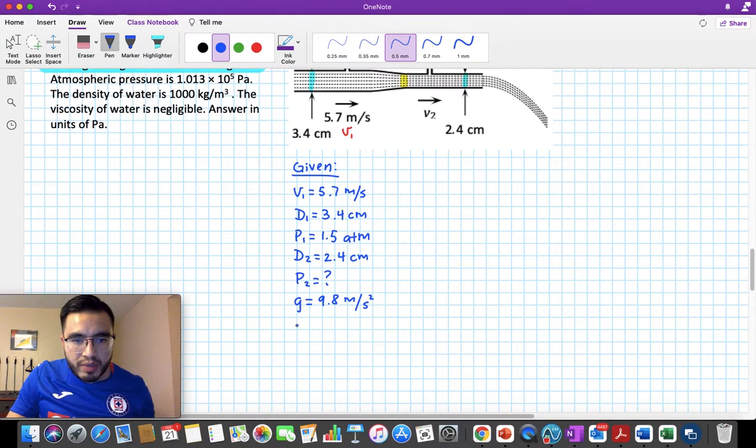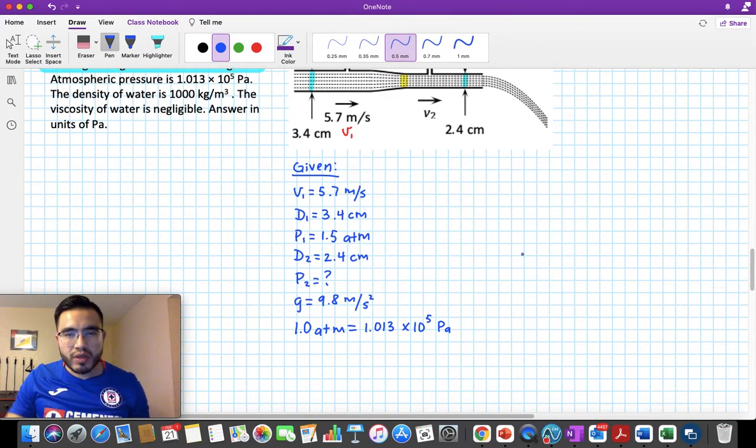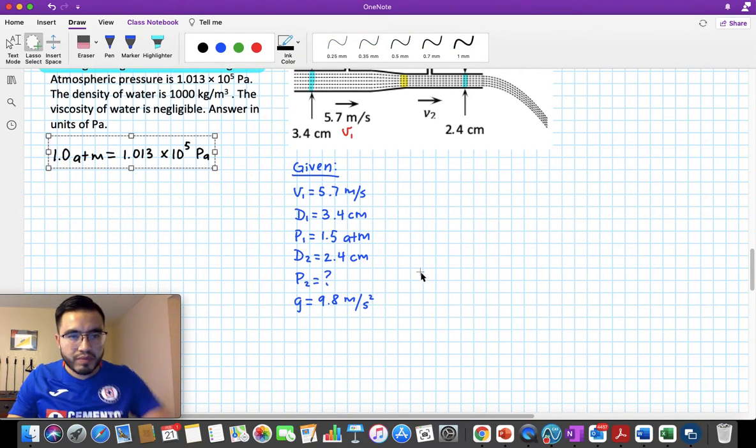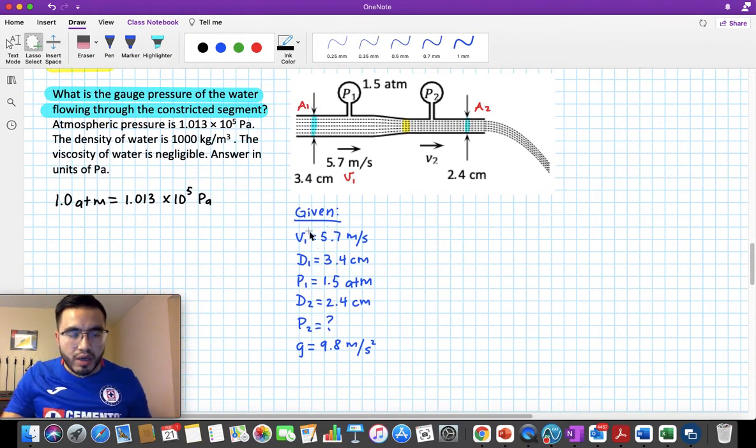So 1 atm, 1 atmosphere, is equal to 1.013 times 10 to the fifth pascals. That doesn't affect my math right now. I'm just going to move this to the left side and keep it there. We'll use it when we have to use it. You'll see why we need this one.